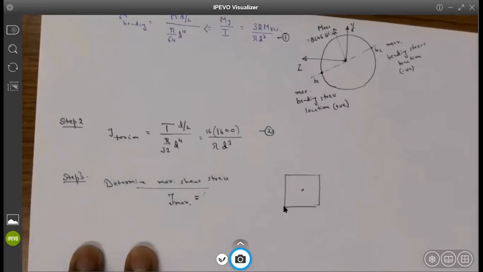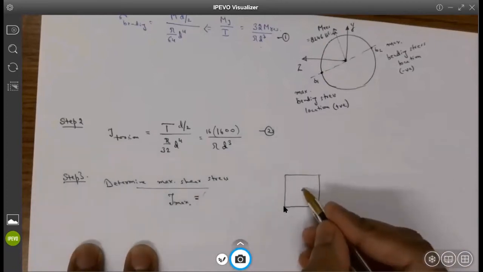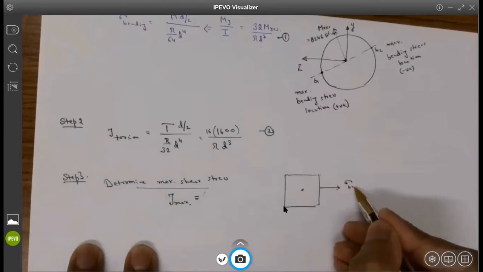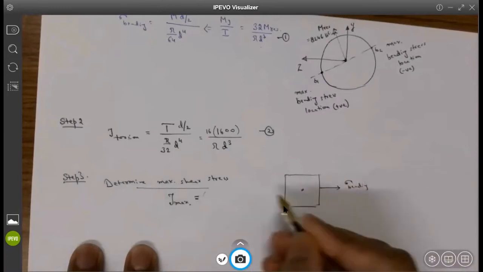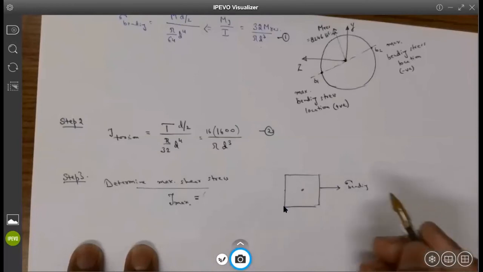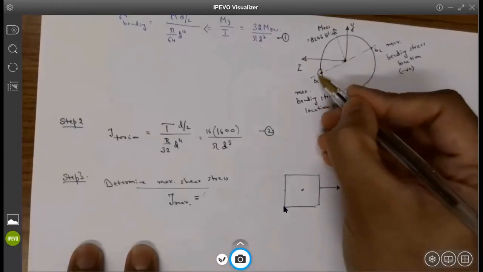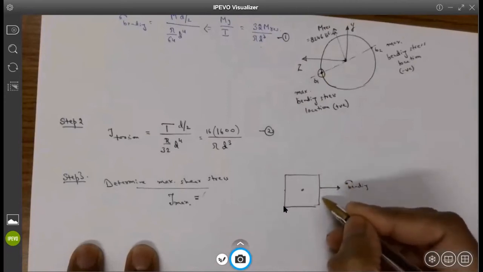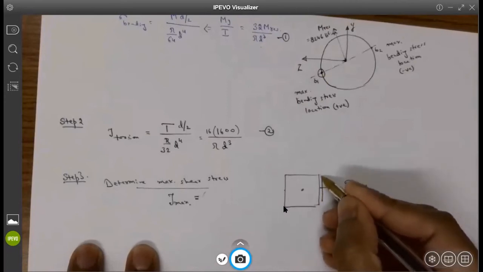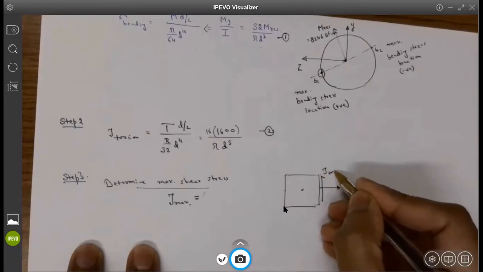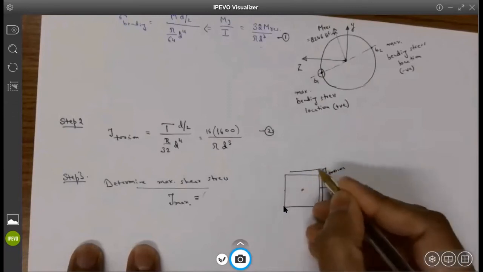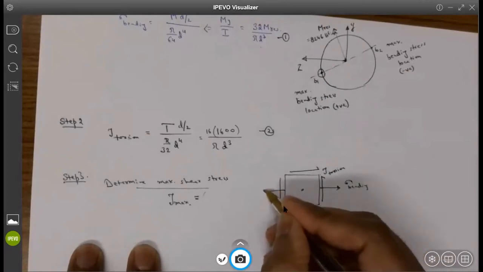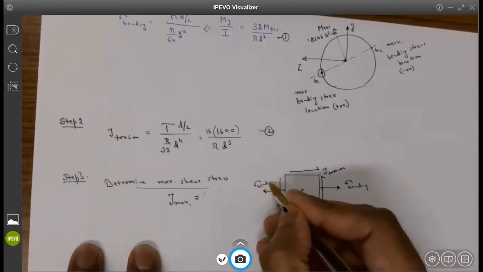Yeah, perfect. You draw Mohr's circle. To draw Mohr's circle, I need to represent the stress element. So assuming the sigma bending is here, which I'm looking at this point, I'm drawing a stress element for this point, and I have got the twisting moment, shear stress, tau due to torsion. Tau due to torsion is acting like this, and I have got only sigma bending.